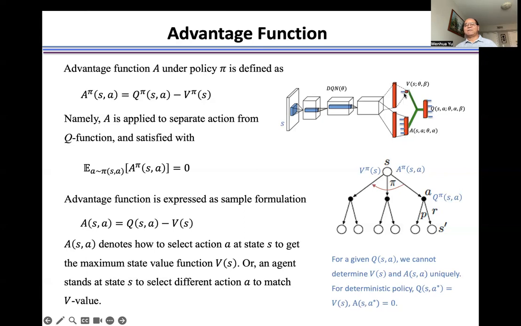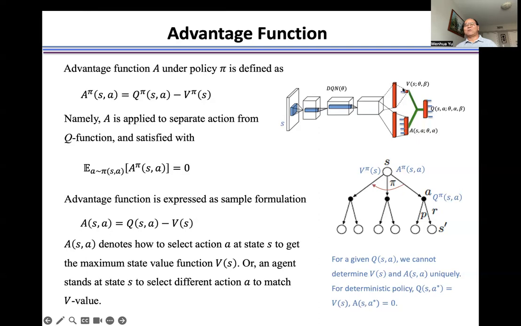And then once we have this V and this action distribution, we can find the relation between the state value function and the actions. That means at state S, for this value, should we do something or not? It depends on this A value.